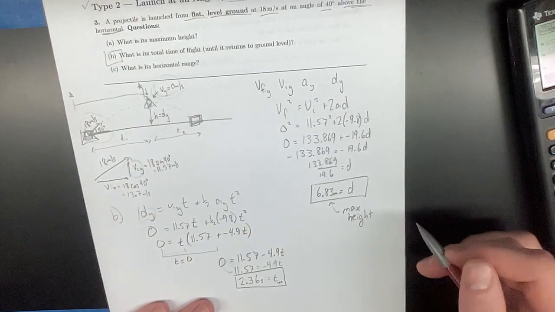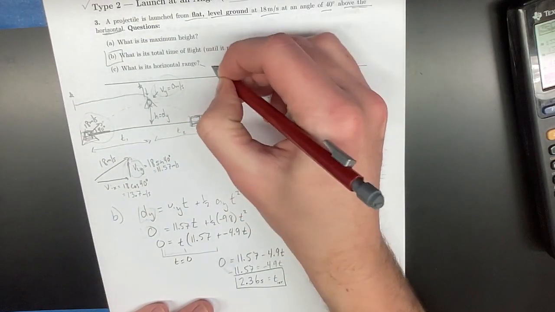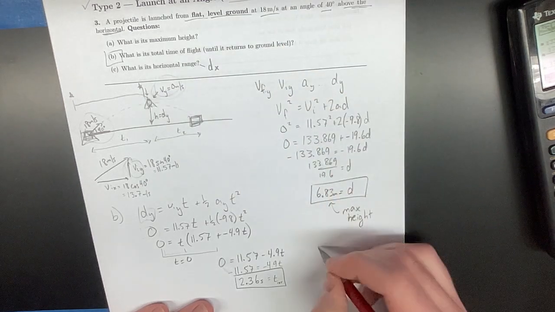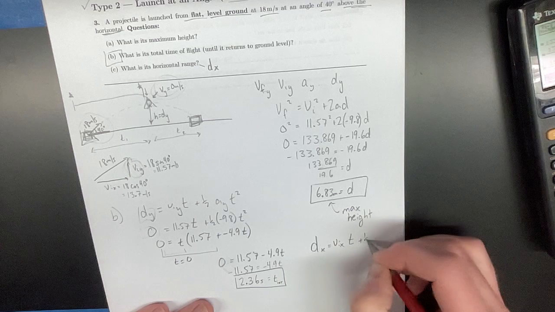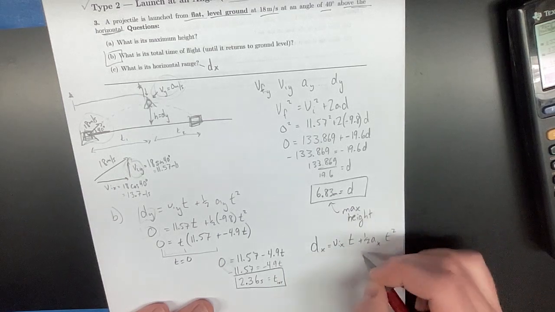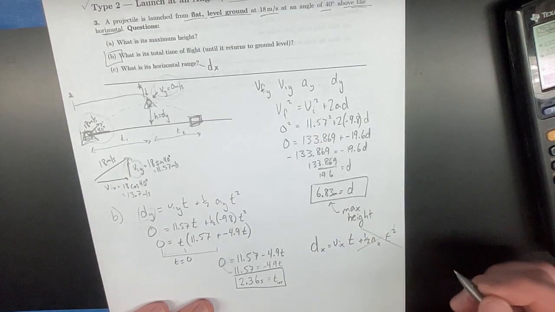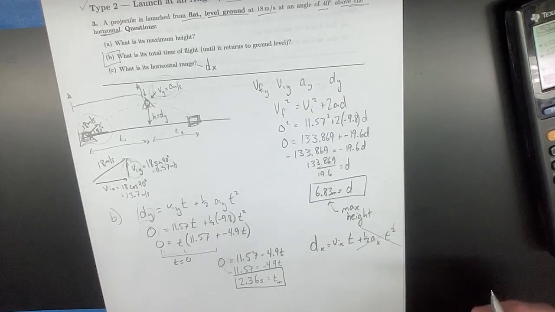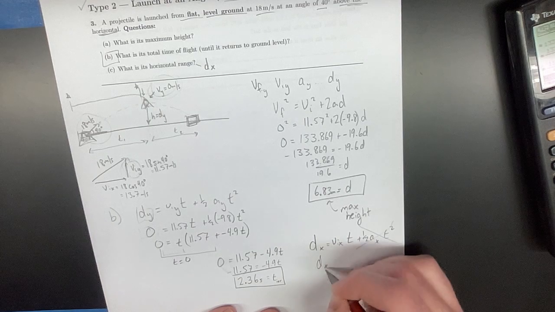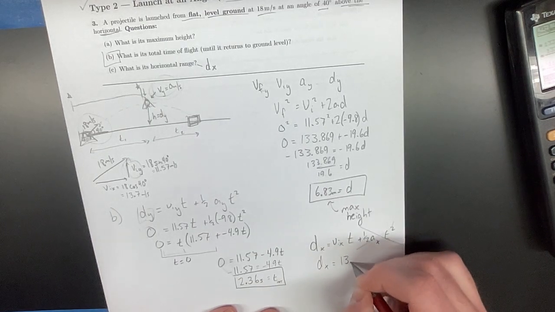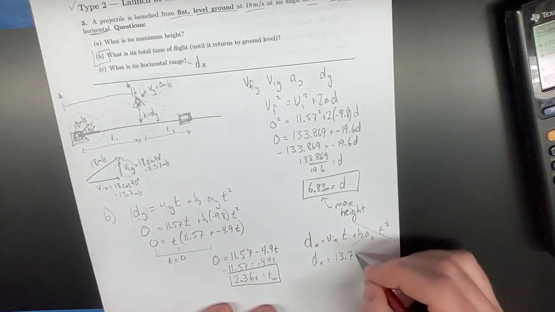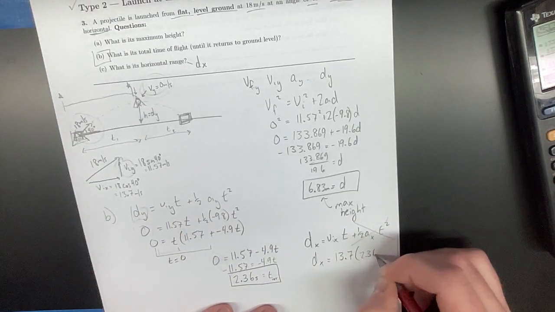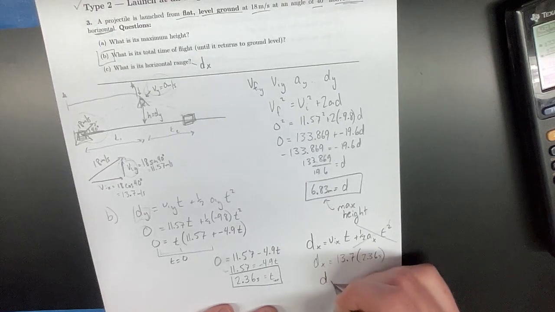Lastly, it says, what is the horizontal range? What that's ultimately asking about is dx. So let's see, dx is equal to v initial x times t plus 1/2 axt squared. Ax is going to be 0 because nothing's pulling it sideways while it's in the air. So dx is equal to 13.7, which I got from our previous 18 cosine of 40, times 2.36.